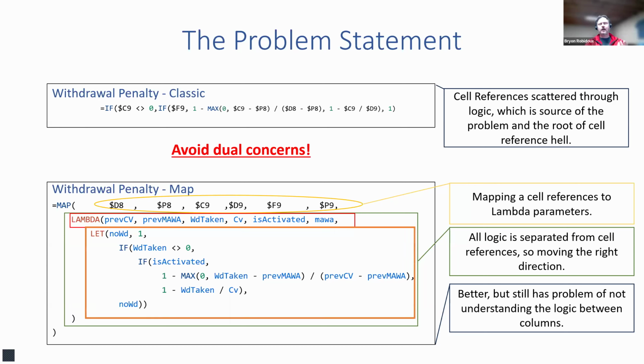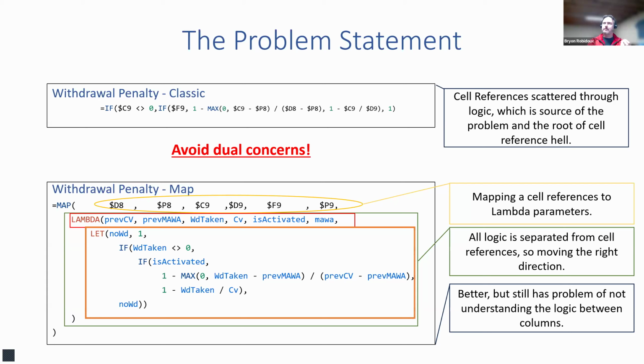So the next new concept is a let statement. A let allows you to define a variable within this function. So in Excel, you could give a cell a name, but you couldn't give items inside the actual calculation within the cell a name. And so that meant that you had to have a lot of redundant logic within that cell.